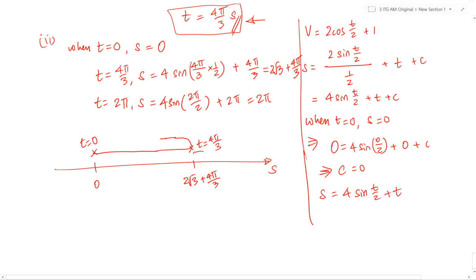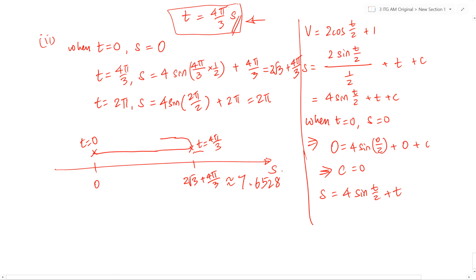Then it made a U-turn. If you use your calculator, this value is approximately 7.653.